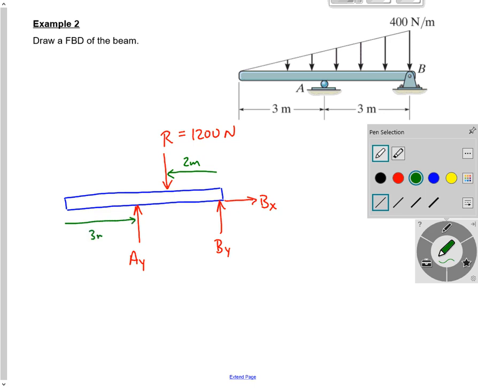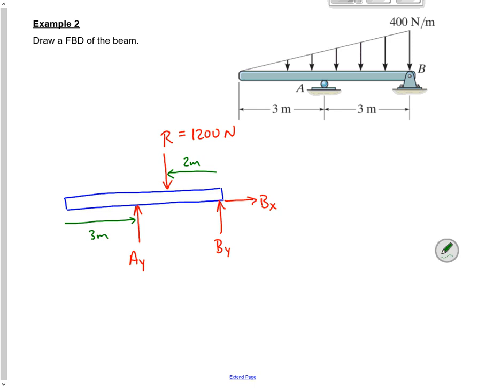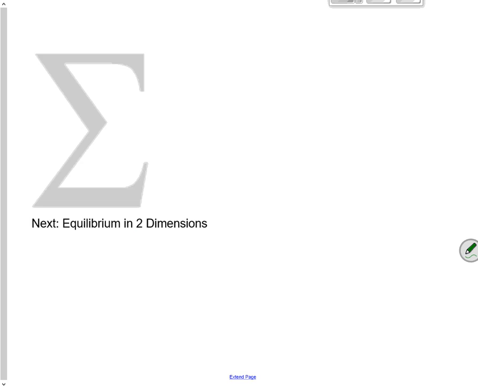This is 3 meters. And that should be good. Now we'd have to figure out what those support reactions are, but I know what directions they point, etc. So next time we're going to take these free body diagrams and we're going to apply the conditions for equilibrium in 2 dimensions.